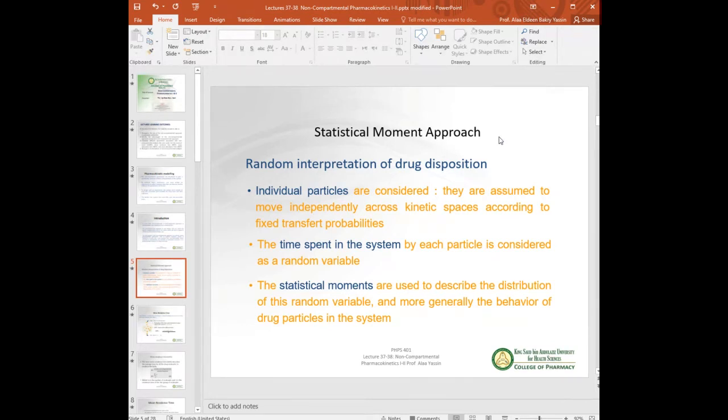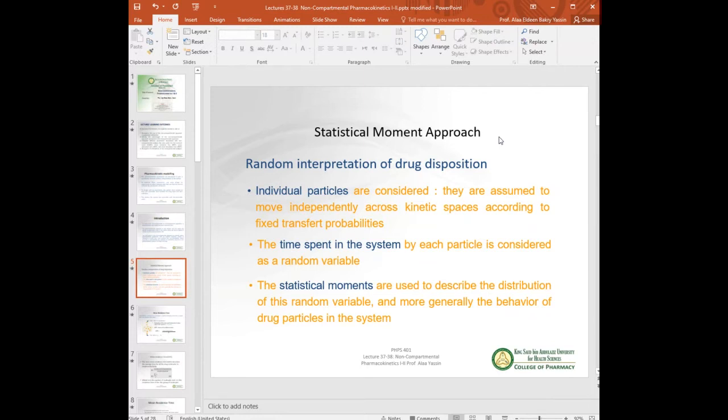So the statistical moment considers the time spent as a random variable, and of course it is a reflection of the mode of drug distribution, but we do not necessarily need to know the mode.